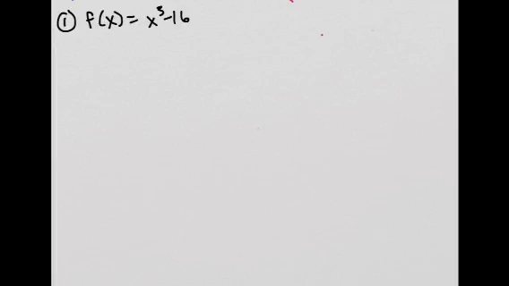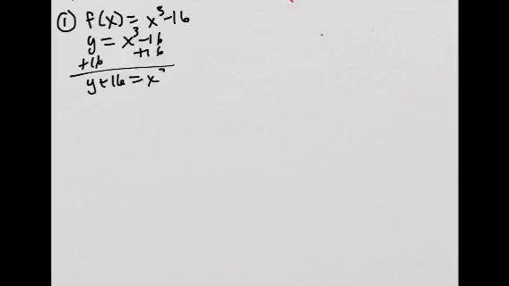Okay, on page 432 you have 4 problems. For number 1, tell whether each equation is the inverse of f of x equals x cubed minus 16. So let's find the inverse of this one. We would say y equals x cubed minus 16. I'm going to add 16 because I'm solving for x. So y plus 16 is x cubed.